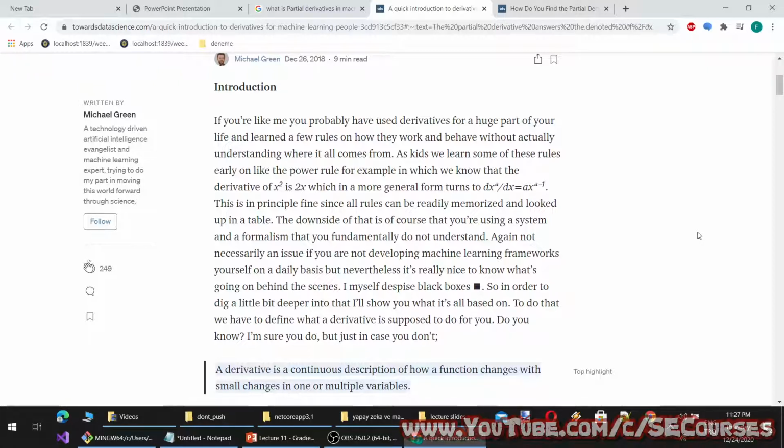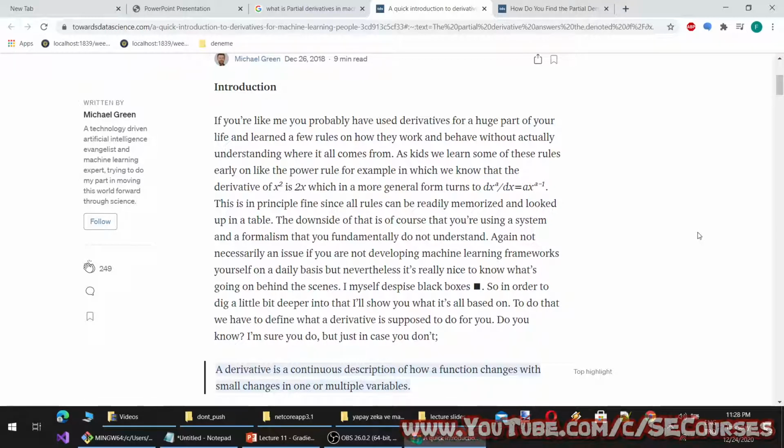This is in principle fine, since all rules can be readily memorized and looked up in a table. The downside is, of course, that you're using a system and a formalism that you fundamentally do not understand. Again, not necessarily an issue if you are not developing machine learning frameworks yourself on a daily basis, but nevertheless it's really nice to know what's going on behind the scenes.